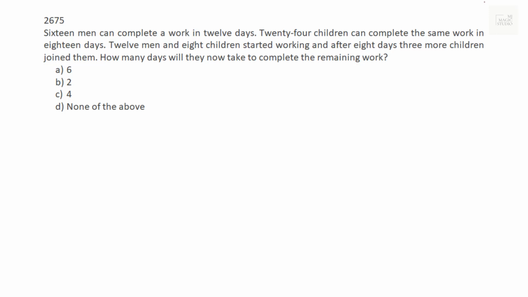Sixteen men can complete a work in 12 days. That means one man can complete it in 12 into 16 days. 24 children can complete the same work in 18 days, so one child in 24 into 18 days. 12 men would be able to complete this in 16 days then.